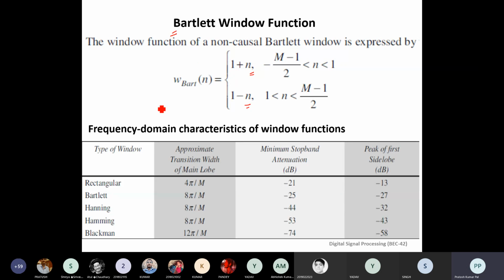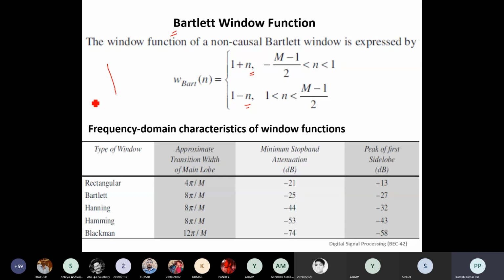So if we combine all the window functions, we can see there are different window functions. In that, we will find the approximate transition width of the main lobe. So what is the advantage?